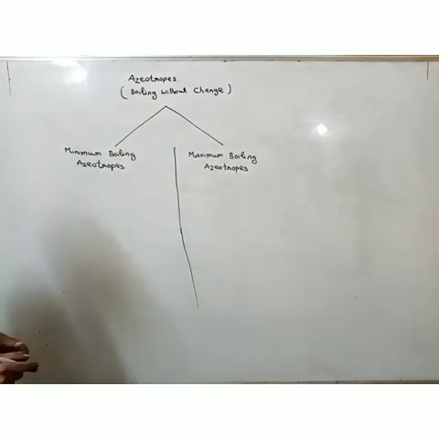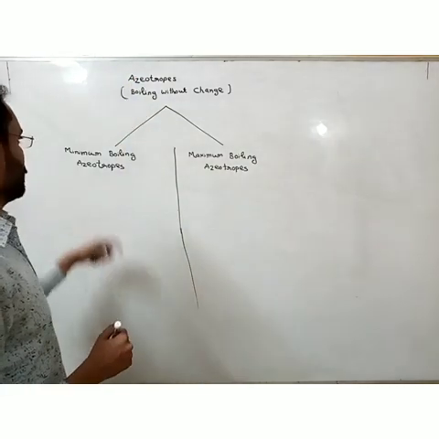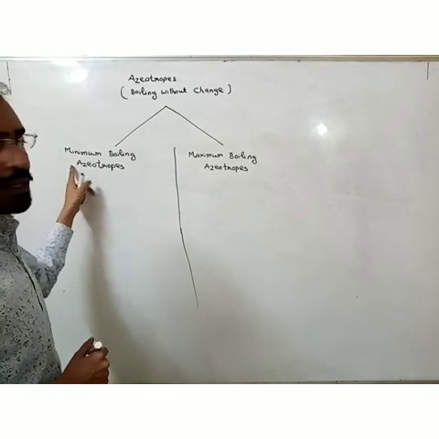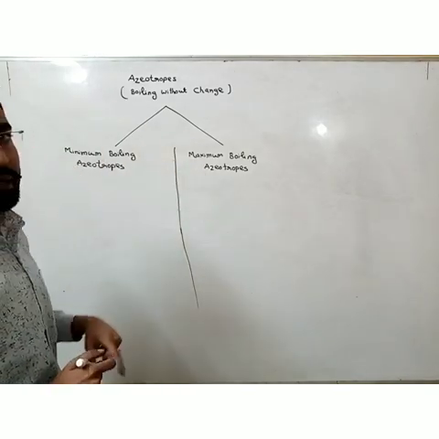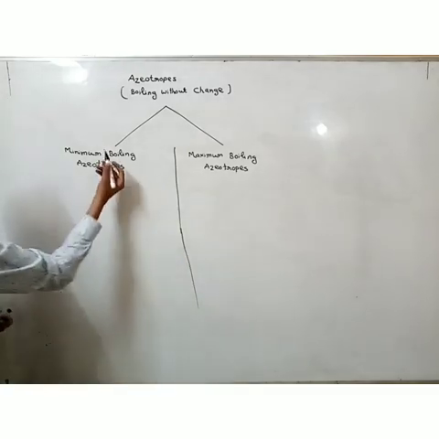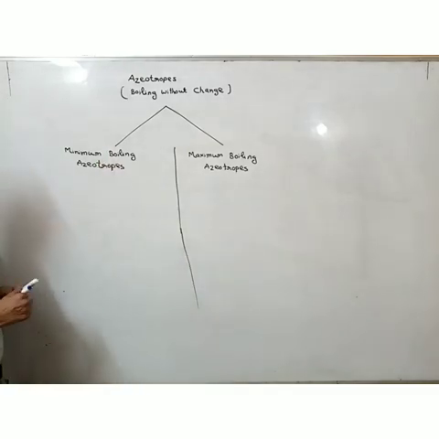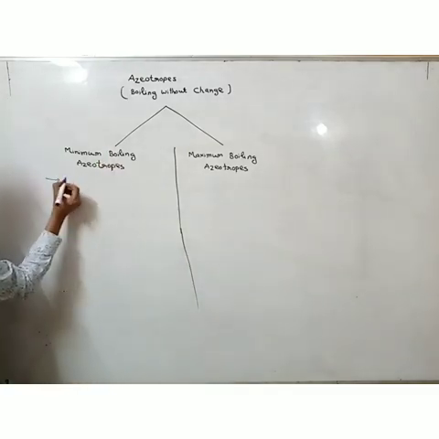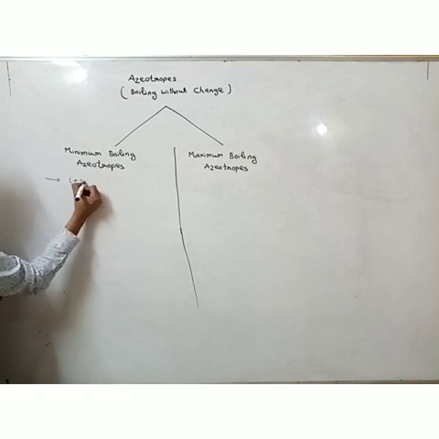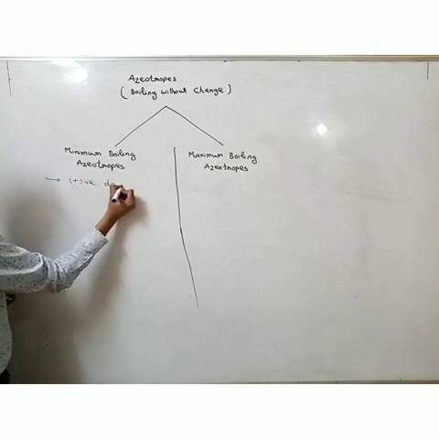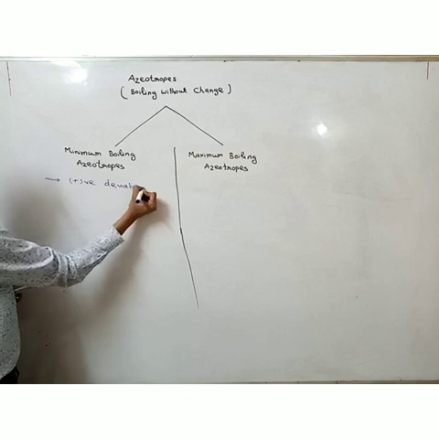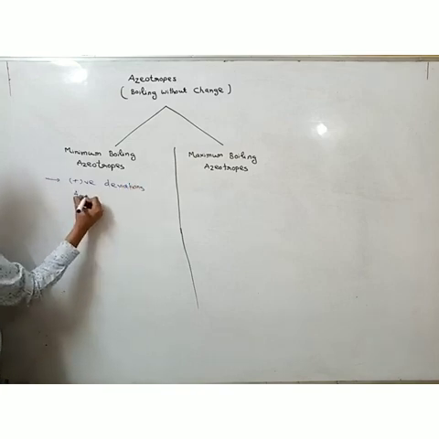Now, azeotropic solutions are of two types: minimum boiling azeotropes or maximum boiling azeotropes. Minimum boiling azeotropes are the solutions which show positive deviations from Raoult's law.